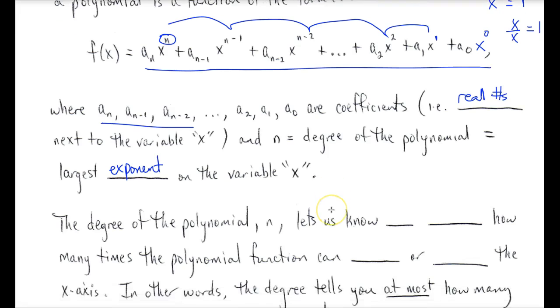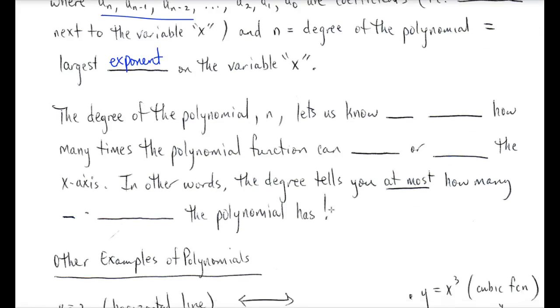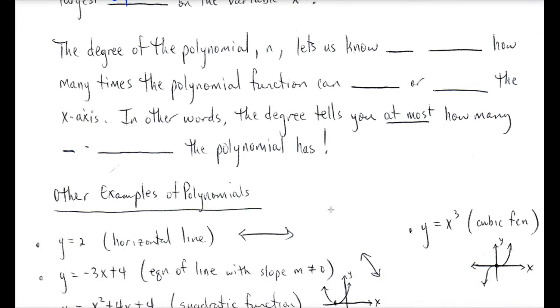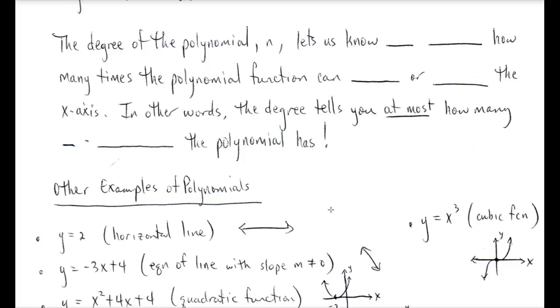Okay, so let's go ahead and move on and talk more about the degree of a polynomial. The degree of a polynomial, n, lets us know at most how many times the polynomial function can cross or touch (and I'll explain why later) the x-axis.